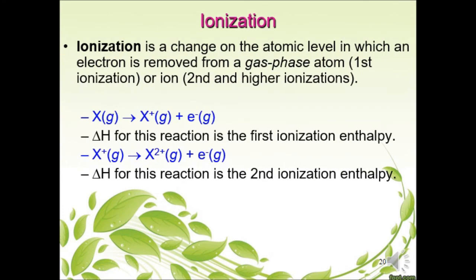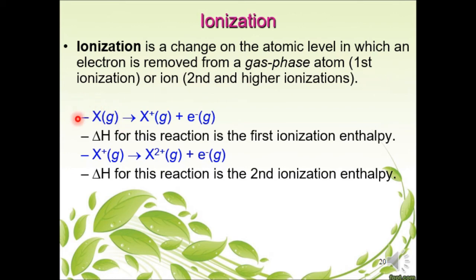Next is ionization. So what is ionization? It is a change on the atomic level where an electron is removed. We remove an electron from a gas phase atom. That is the first ionization. Then the second one will be the second ionization.